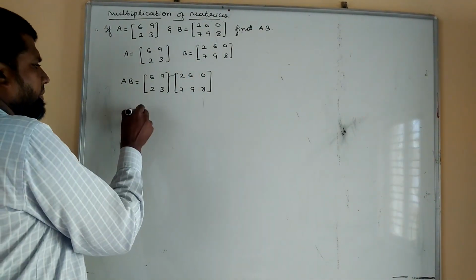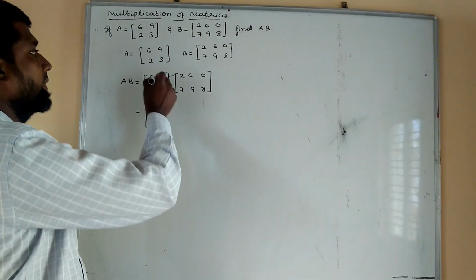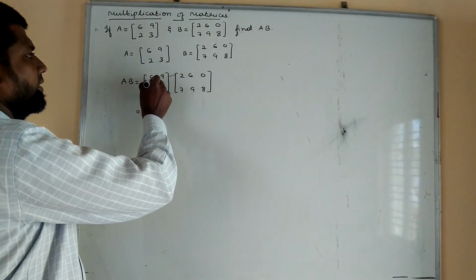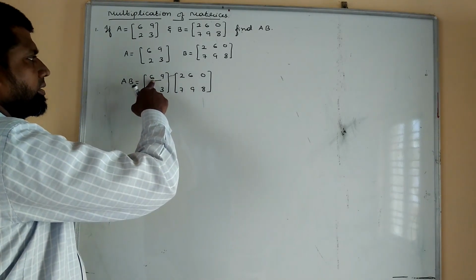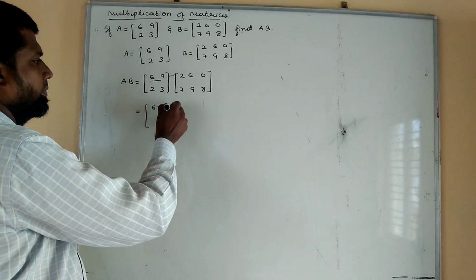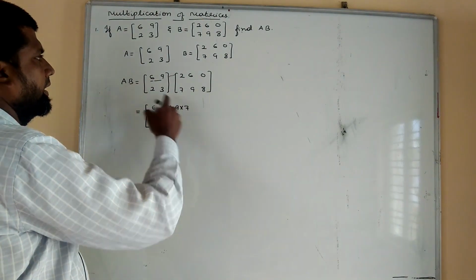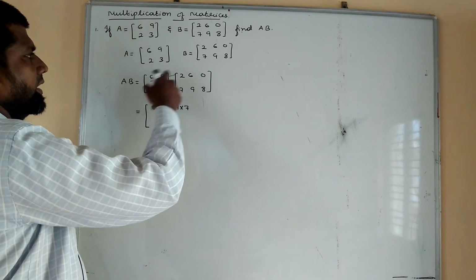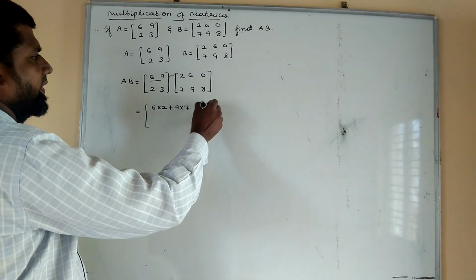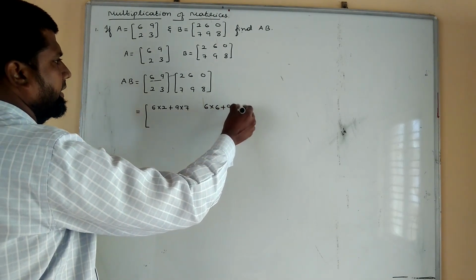In this multiplication, we have to multiply the first row with the first column. First row, first column: the first row elements are 6 and 9, so 6 into 2 plus 9 into 7. Then first row, second column: 6 into 6 plus 9 into 9.